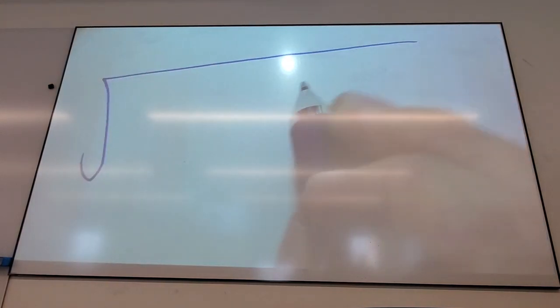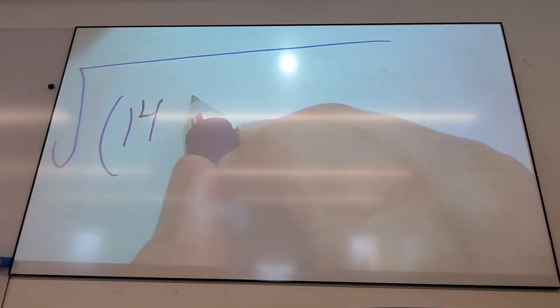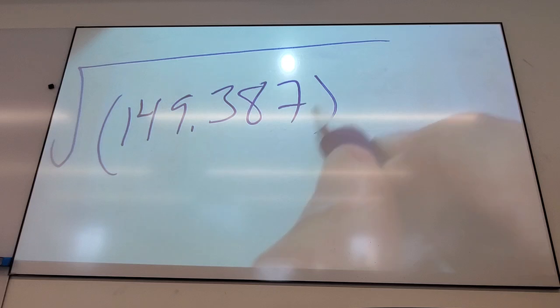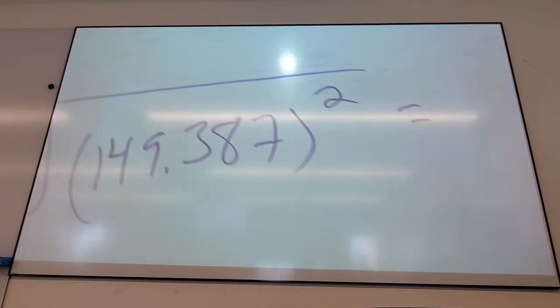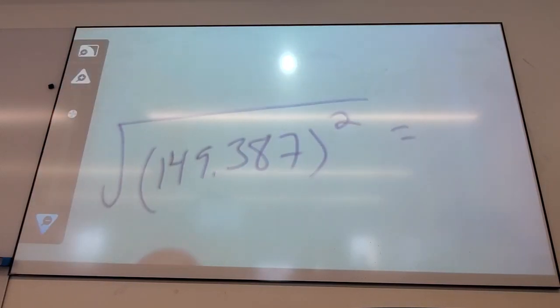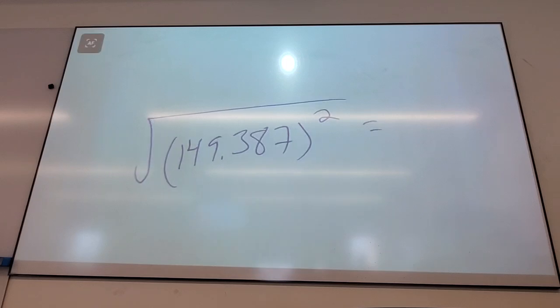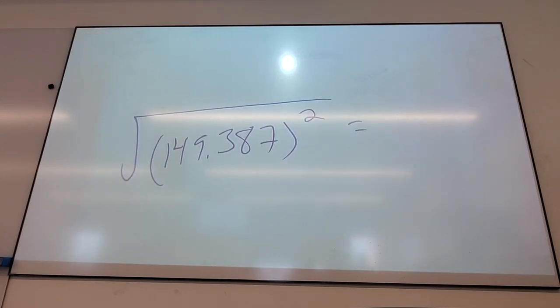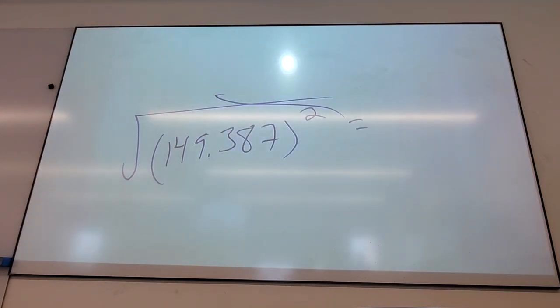What is the square root of 149.387 squared? Would you square this? Of course you wouldn't square it, because the problem wants me to square it and then unsquare it. So I'm just going to say, screw you, problem. Take that over there and that over there. I'm done. All right.